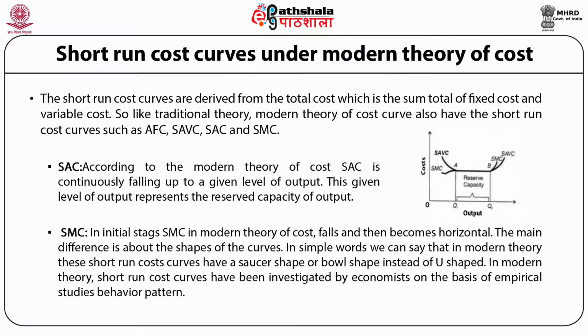In simple words, we can say that in modern theory, these short-run cost curves have a saucer shape or bowl shape instead of U-shaped. In modern theory, short-run cost curves have been investigated by economists on the basis of empirical studies of behavior patterns.